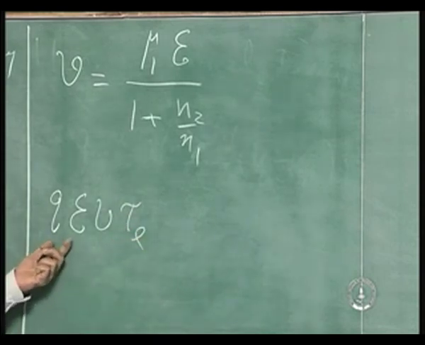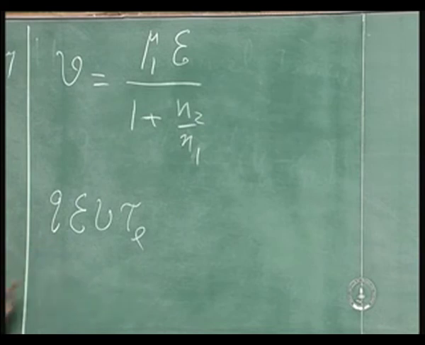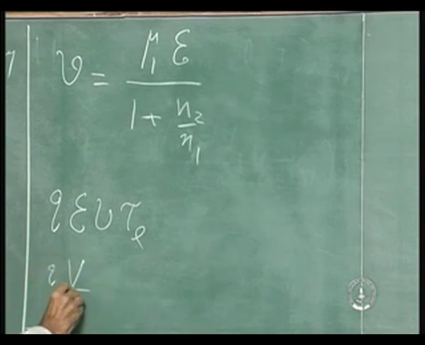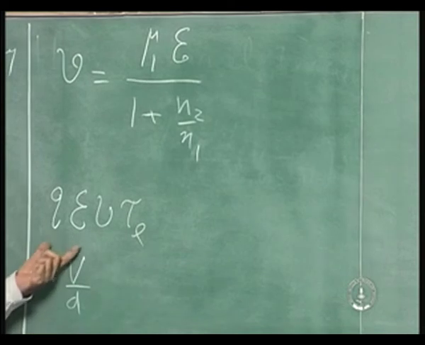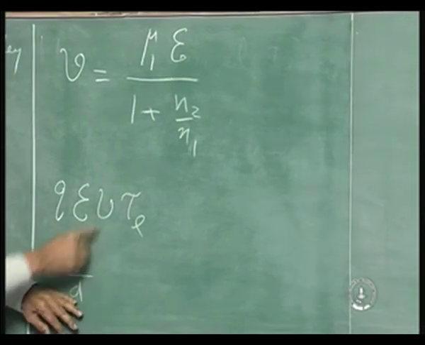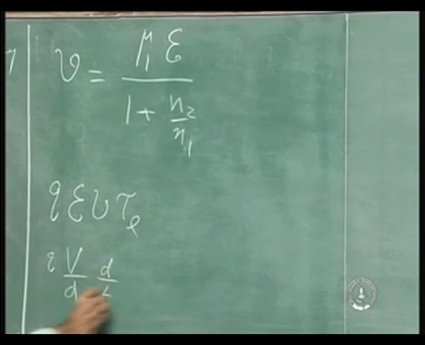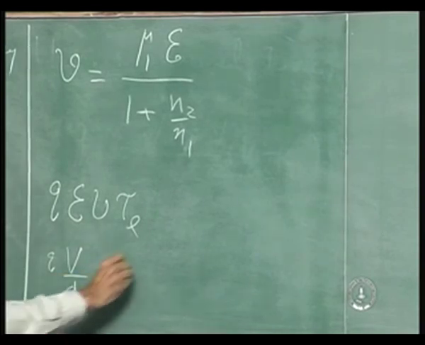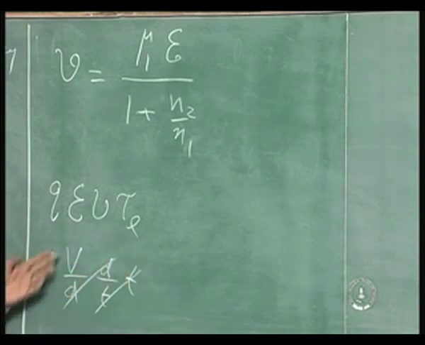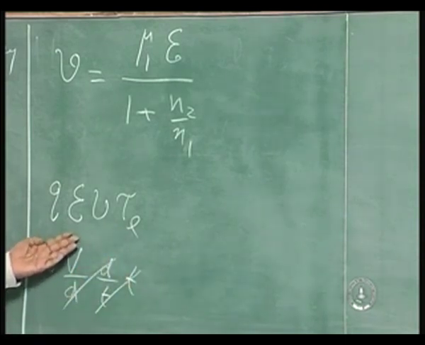You can see Q into V is the energy, Q into electron volts. So, this is actually charge into voltage by distance. This is energy, charge into voltage by distance, this is distance by time, and this is time. So, things get cancelled, and the whole thing has dimensions of energy.